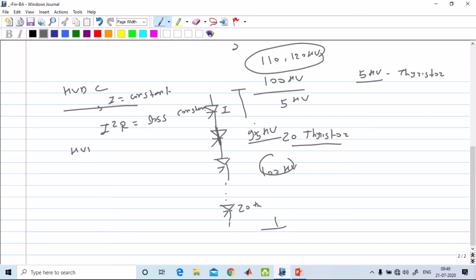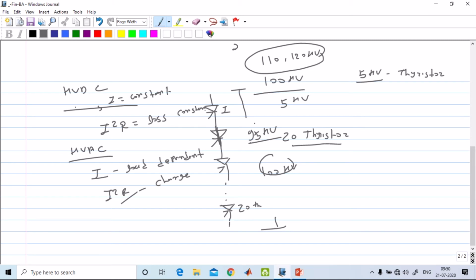Whereas in an HVAC system, the value of current changes depending upon the load condition. As load increases, current will increase, and as load decreases, current will reduce. So the I square R loss also changes in the HVAC system.